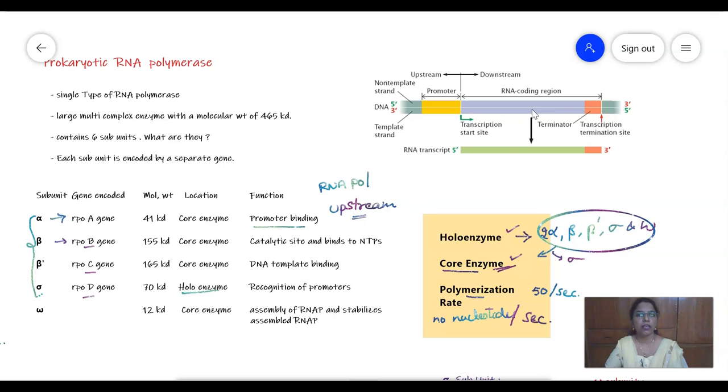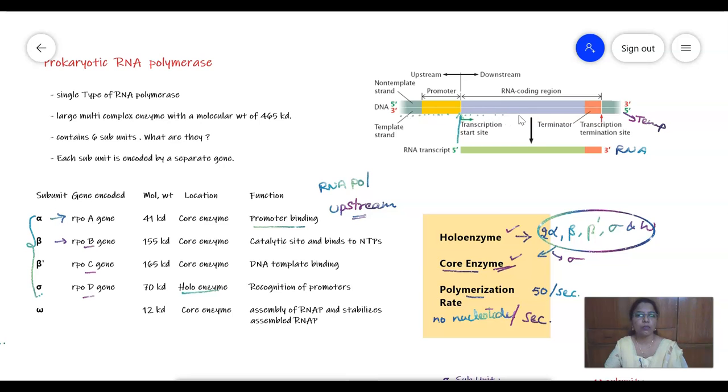What is upstream? Imagine this lower one is the template strand, and this is the newly synthesized RNA. RNA synthesis is starting from here, so this is the start point. The sequences just to the left-hand side are called upstream sequences.